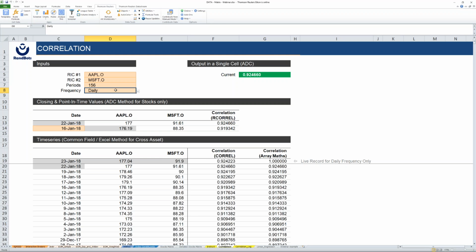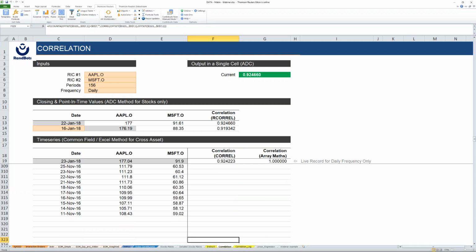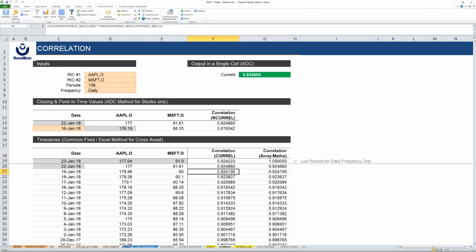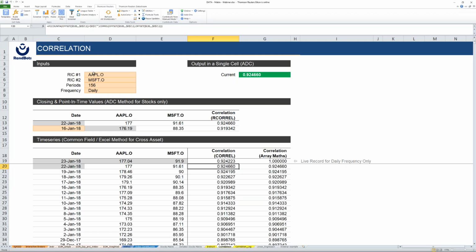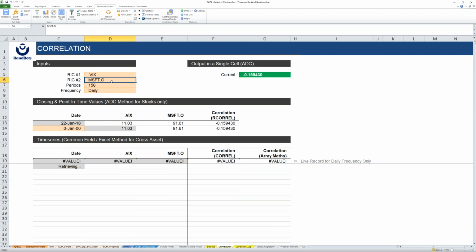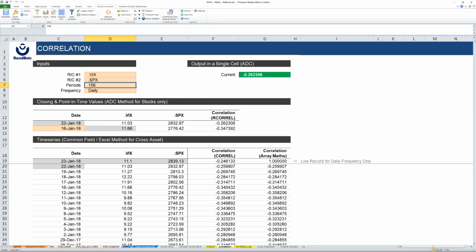This is again in a daily frequency, but we could do this for 5 minutes or 10 minutes and so on, as filters to trade the index or to trade that specific equity. And we can see the correlation here going back to 2016. Or we could do the correlation between the VIX and the instruments we trade, the SPX, and so on.